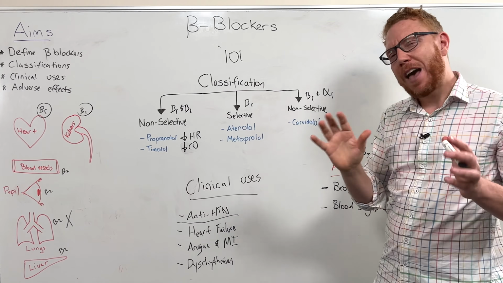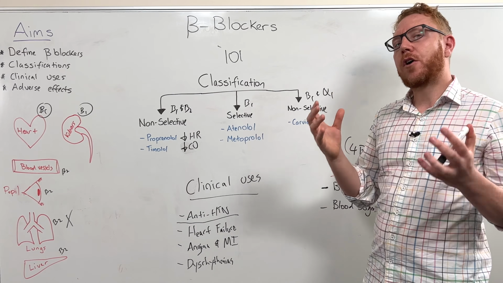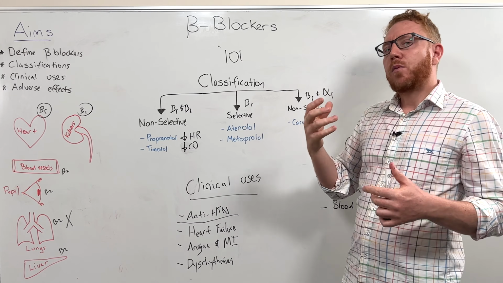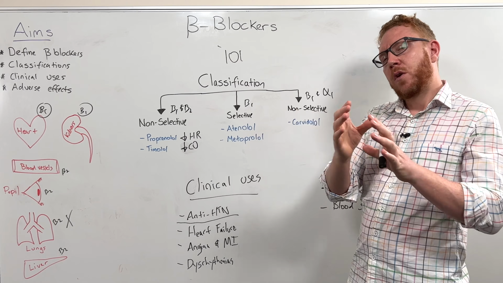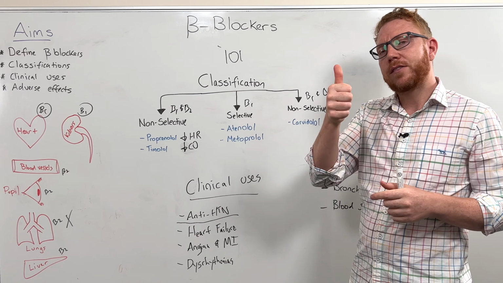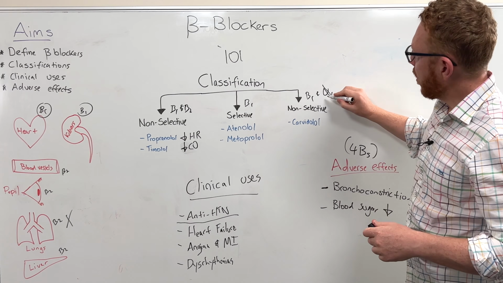So alpha-1 we haven't really spoken about, but the one thing I will say about the alpha-1 receptors is they're usually located on blood vessels. And so when you activate alpha-1 with noradrenaline, it usually constricts blood vessels as a majority. We know that when we constrict blood vessels, that's going to increase peripheral vascular resistance and increase blood pressure. So we actually want to block that.